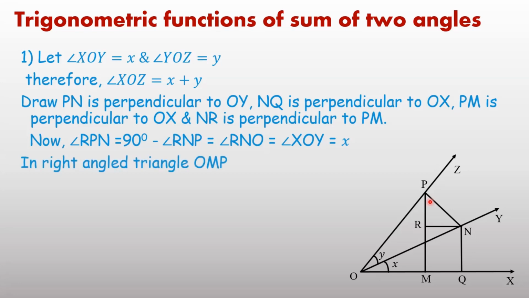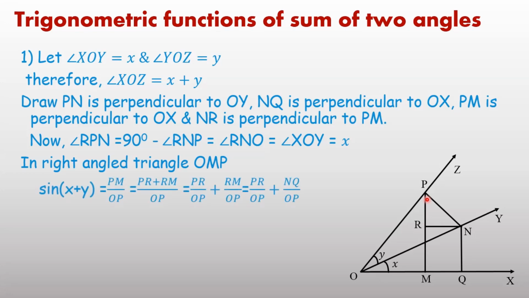Now, in right angle triangle OMP, value of sine x plus y, this whole angle, sine theta is perpendicular upon hypotenuse. Sine x plus y equals perpendicular, meaning PM, upon hypotenuse OP.